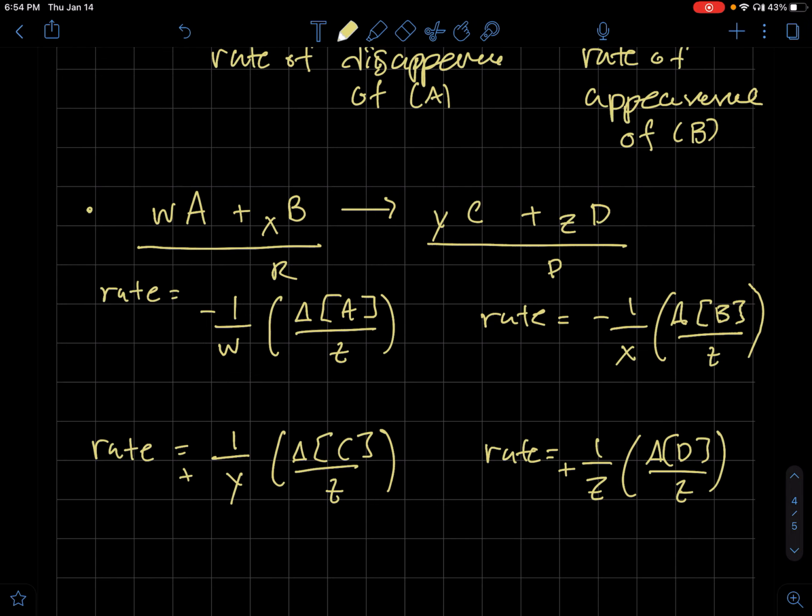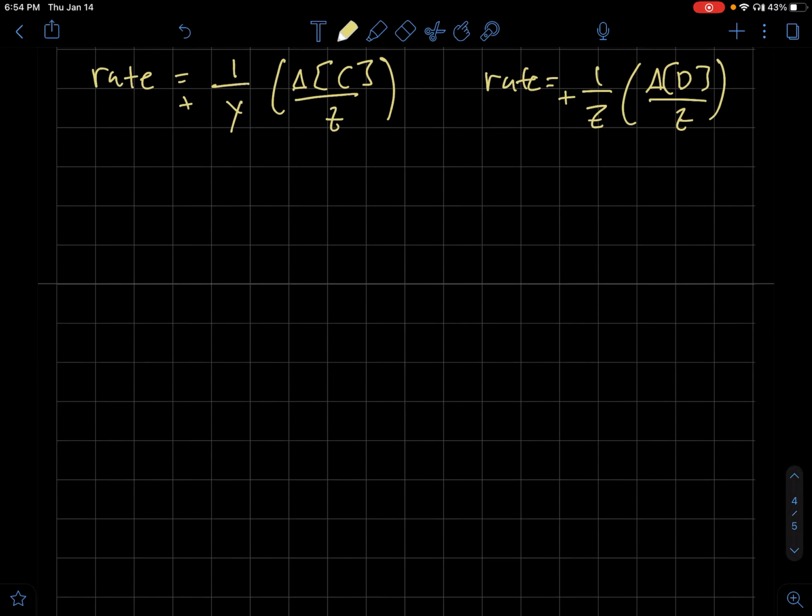So you can write all these individual parts separately, and we can write it as a whole rate as well. Put them all together. So grab everything you wrote and just write it as a whole equation.